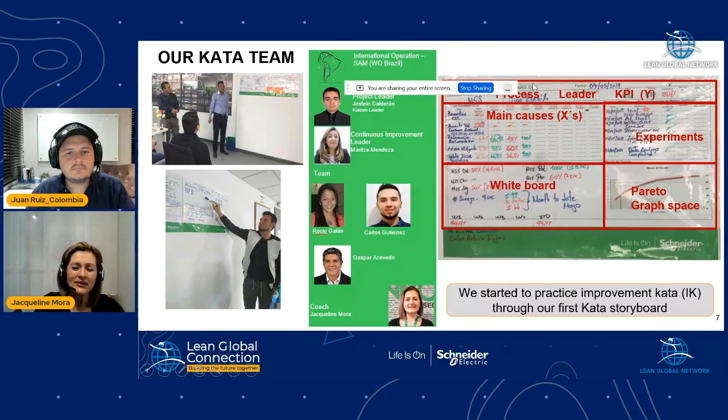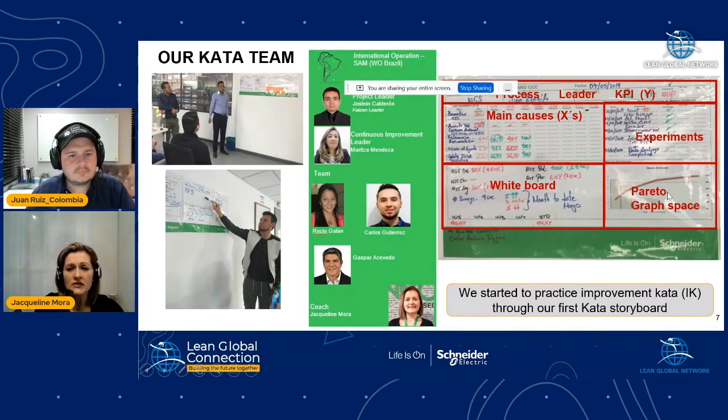The next one was a marker, and the last an eraser. No more. So we divided this board into different sections about Kata. It's so important to define the process, a clear leader, our target ambition or key performance indicator, our main causes, and experiments.